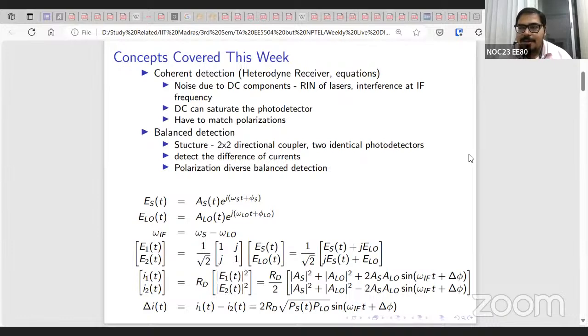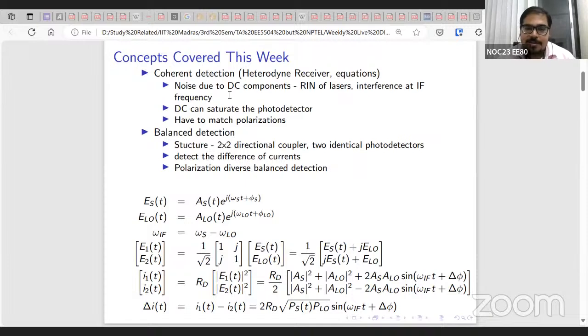They've given you some transfer matrix for a 90-degree hybrid in the assignment, and you're asked to find out what the current values are.